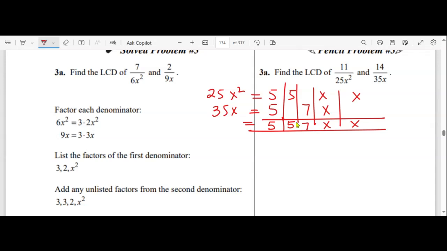So 25 times 7, how much? 175. So that's your LCD. Easy as easy.